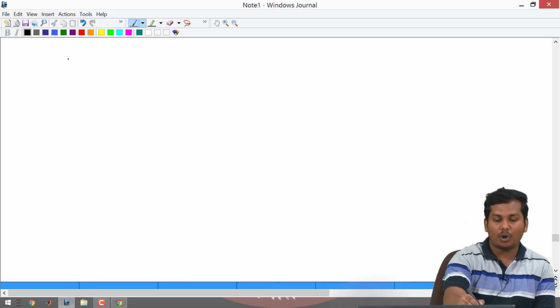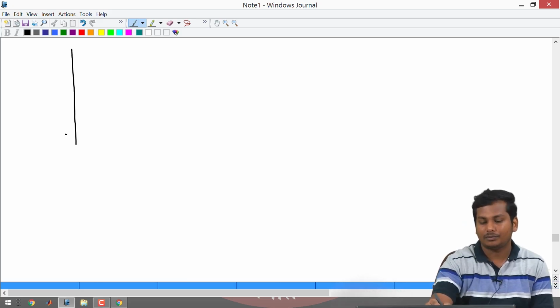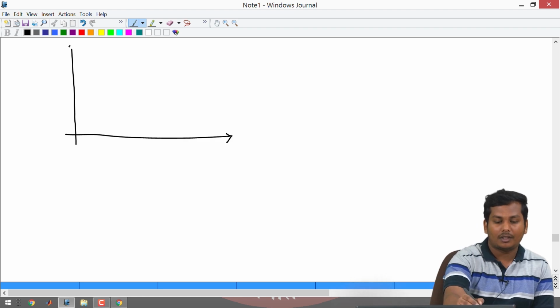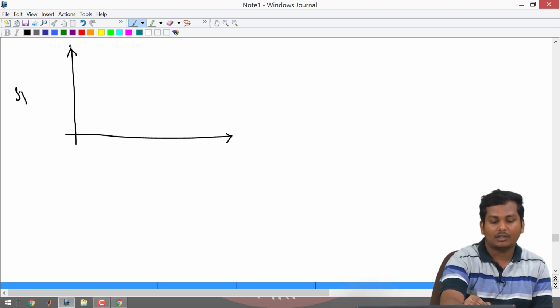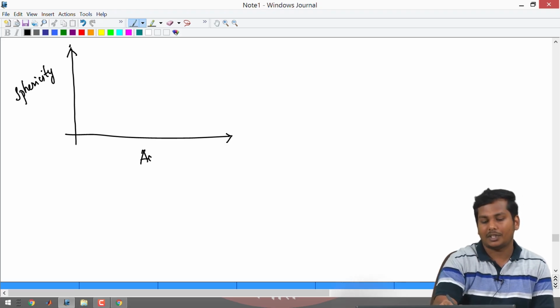We are supposed to plot sphericity versus aspect ratio.